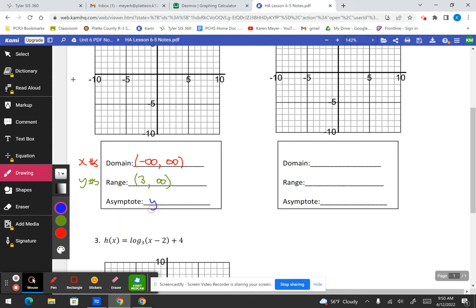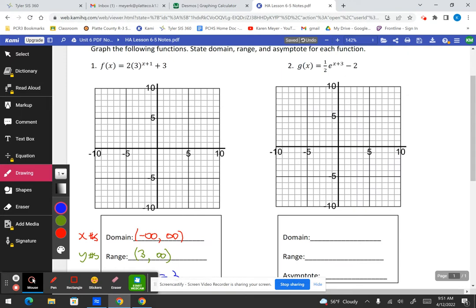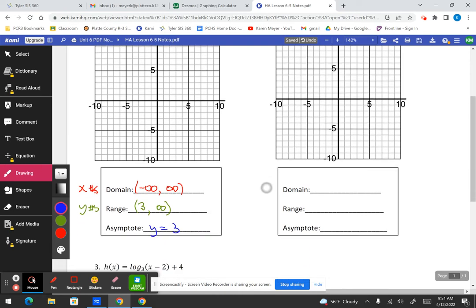So right here you would say y equals 3. But let's look back at the original problem, because if I look back up here at the original problem, does everybody notice here at the end it does say plus 3? For exponentials, that number at the end will be the beginning number for the range, and it will also be the number that you put for the asymptote.